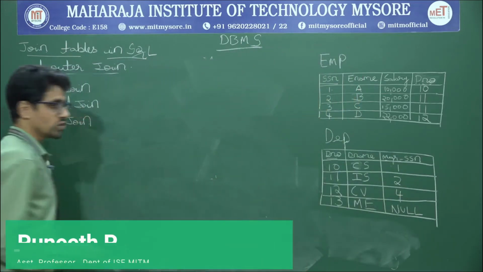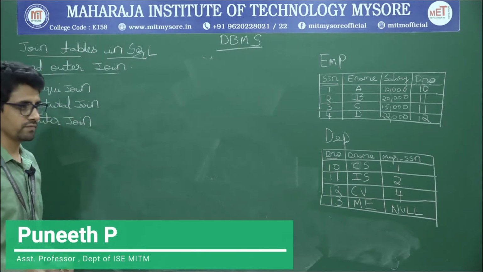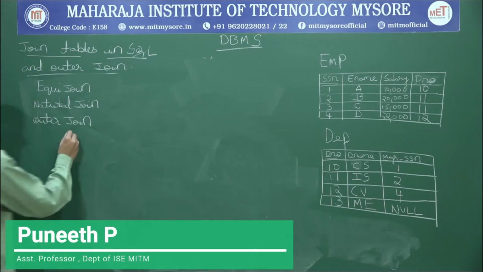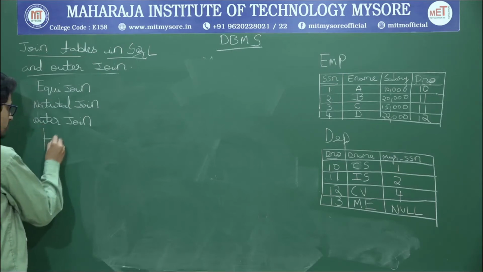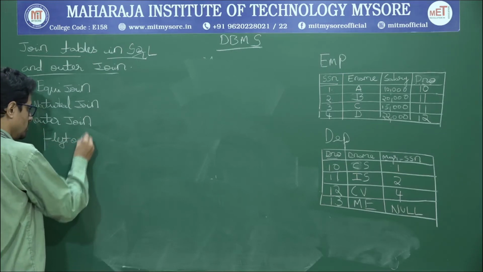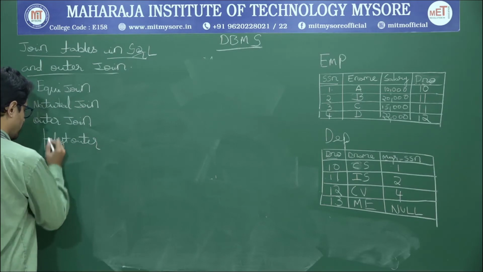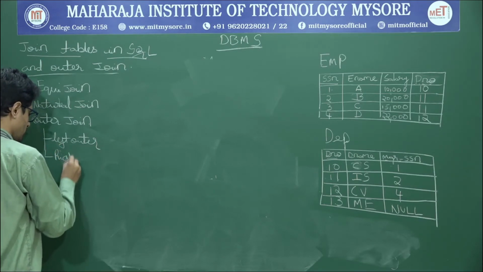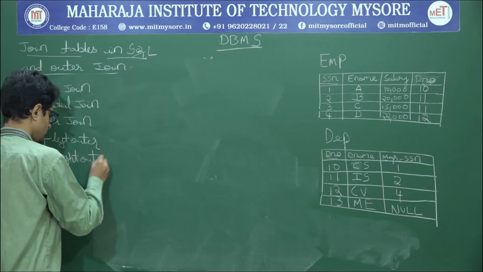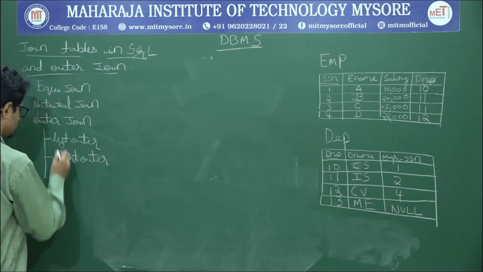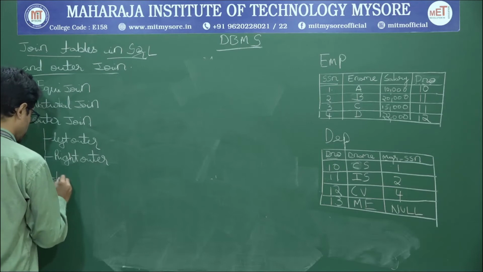So first of all, outer join has three different variants: we have left outer join, then we have right outer join, then we have full outer join.